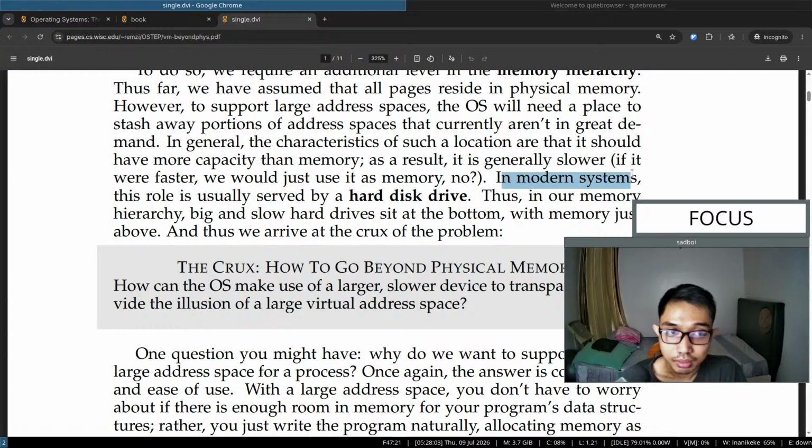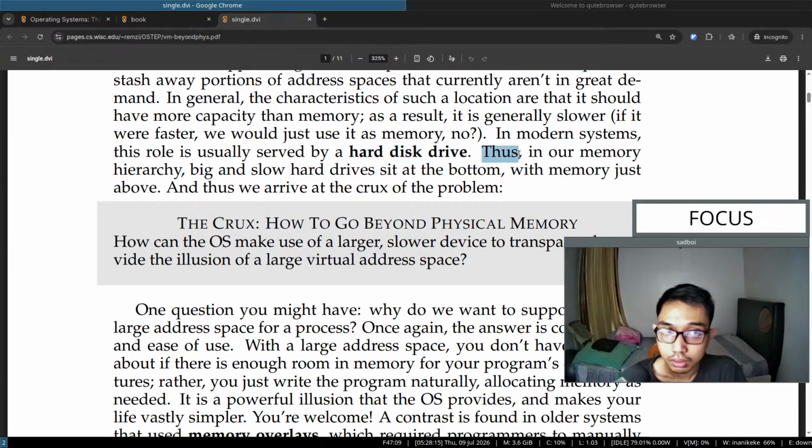In modern systems, this role is usually served by a hard disk drive. Thus, in our memory hierarchy, the big and slow hard drive sits at the bottom, with memory just above.